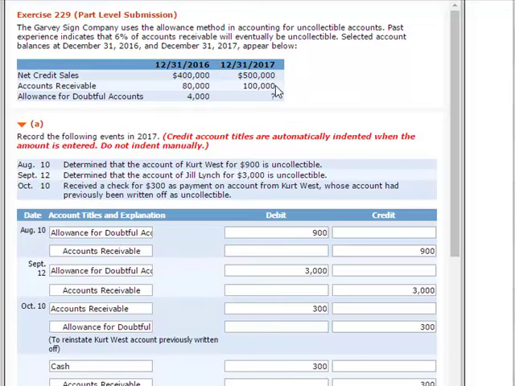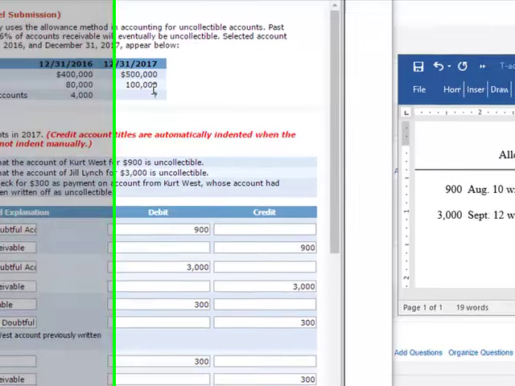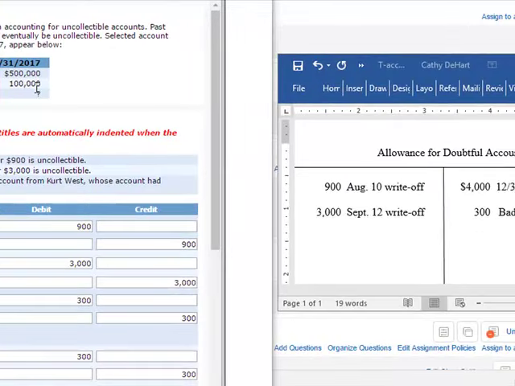Therefore, 6% of 100,000 total accounts receivable, that equals $6,000 in estimated future uncollectible accounts. So that's what we want our allowance account balance to be. We want it to have a credit balance of $6,000.